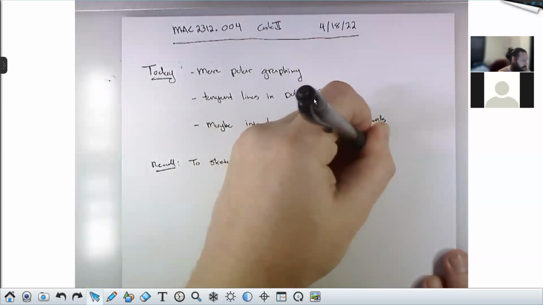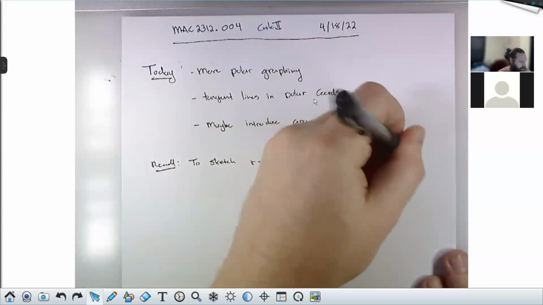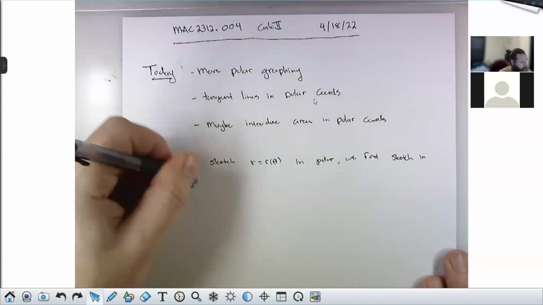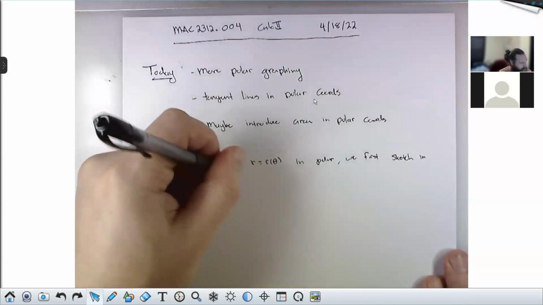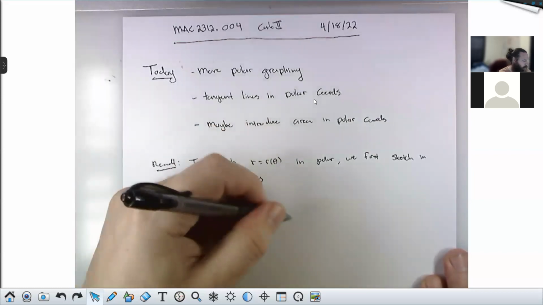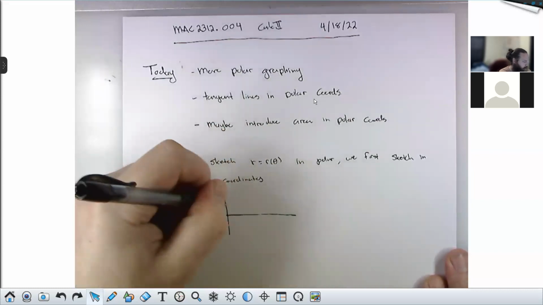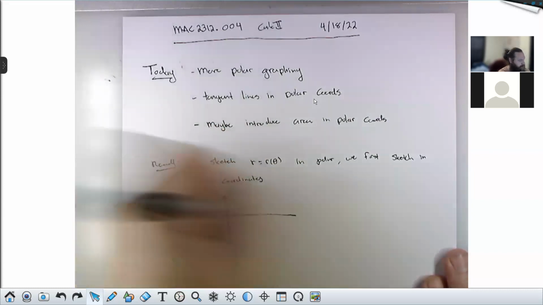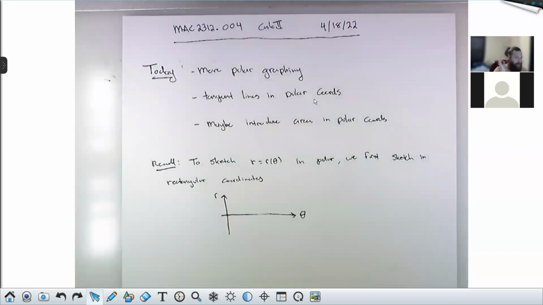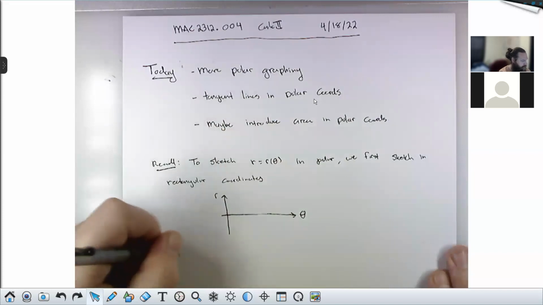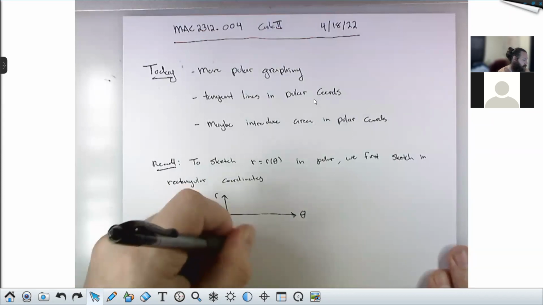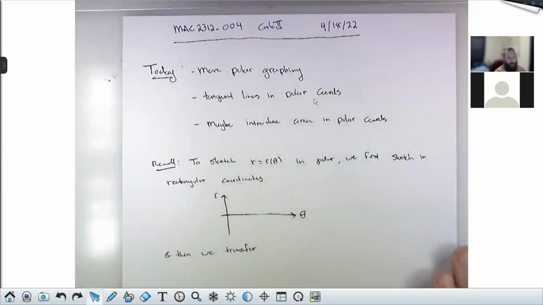We first sketch it in rectangular coordinates, like the normal way, right? Where the vertical axis here is r and the horizontal axis here is theta. And then we transfer into polar coordinates.